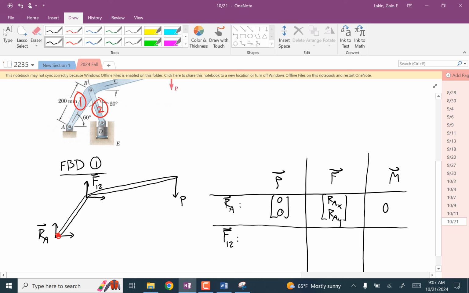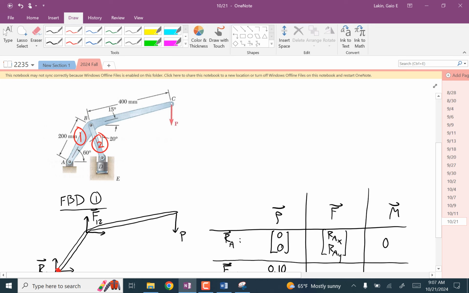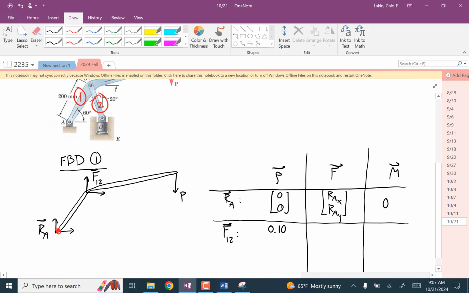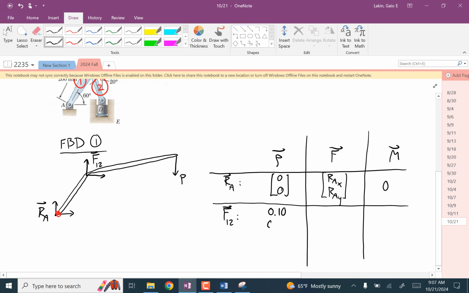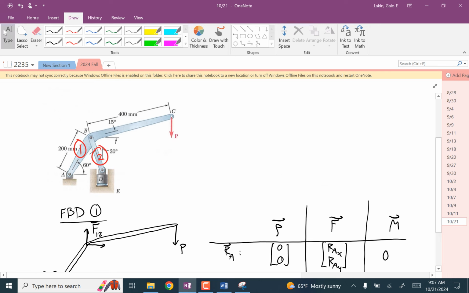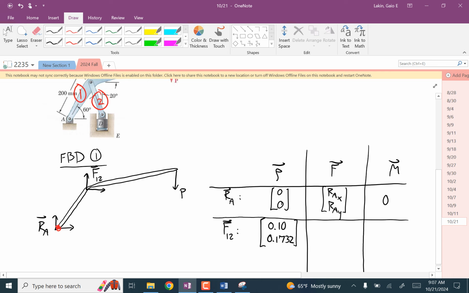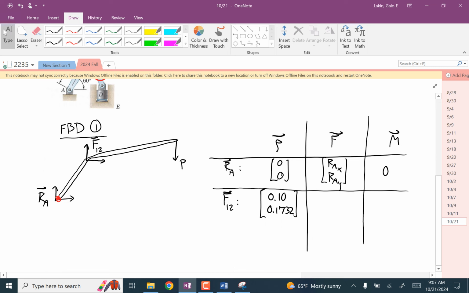So that's 0.10. And then for y, that is 0.1732. The force vector is F12x, F12y.